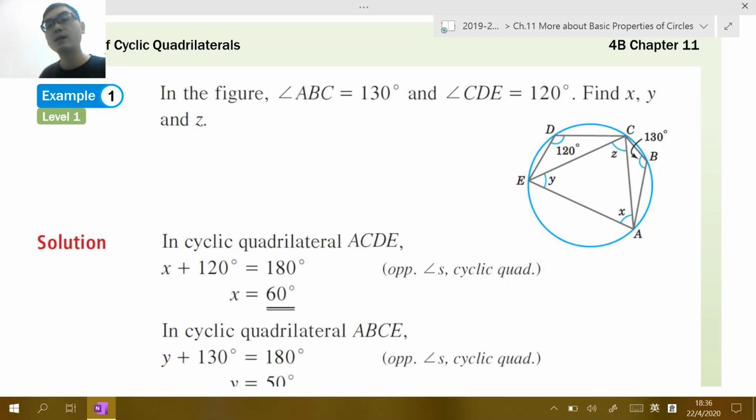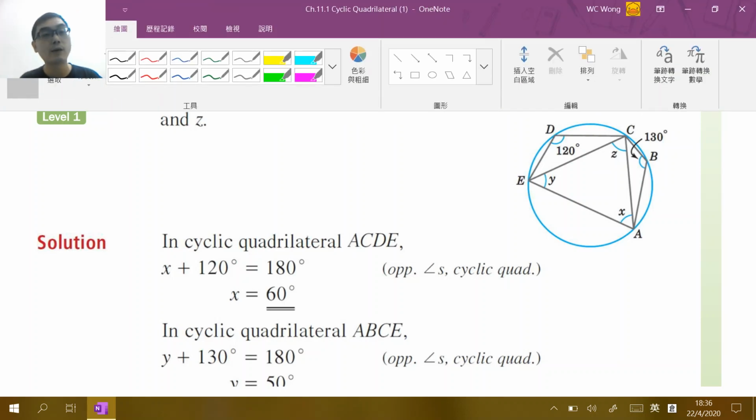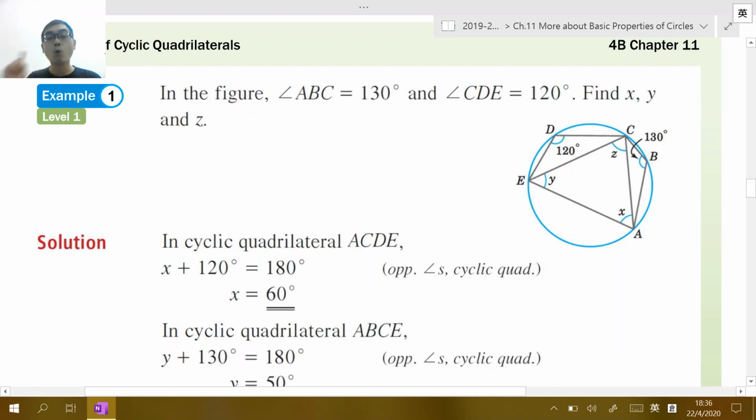For example, in example 1 here, you have 5 points. But you understand that for any cyclic quadrilateral, the opposite angles added together give 180. The most important thing is that you have to understand which lines to consider.